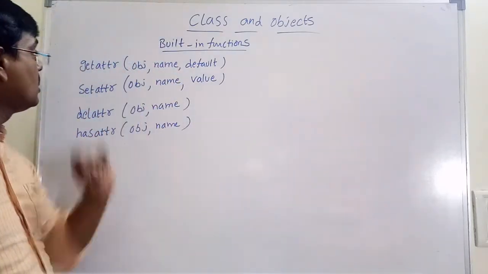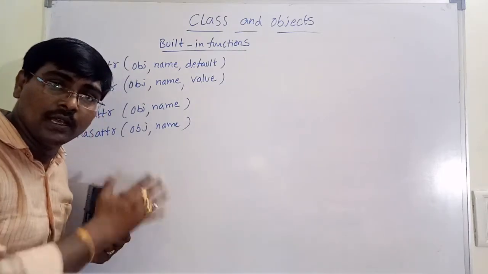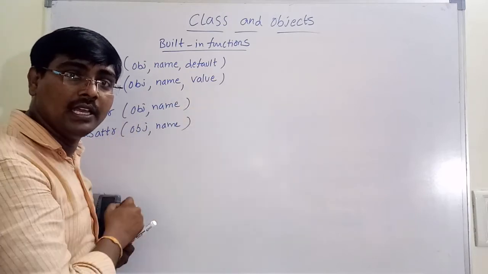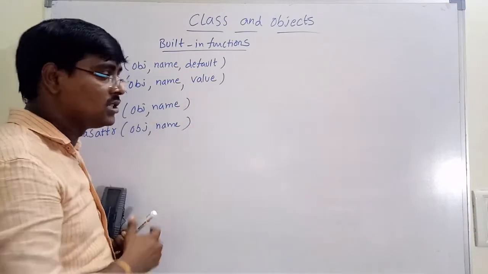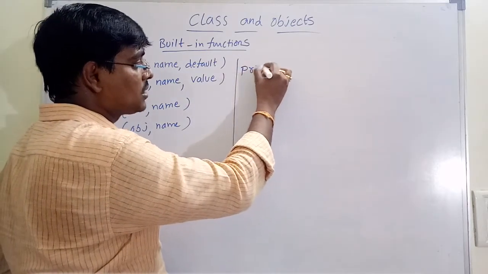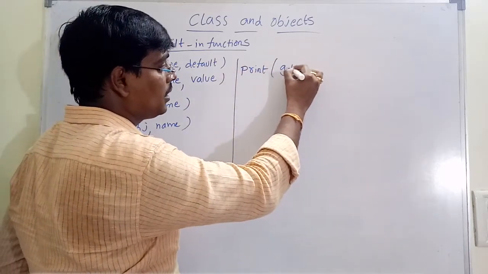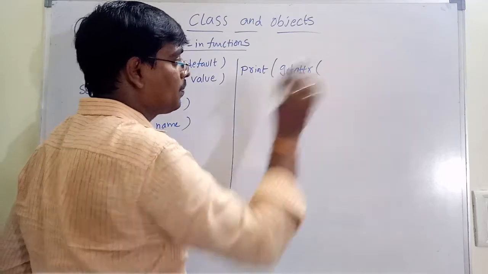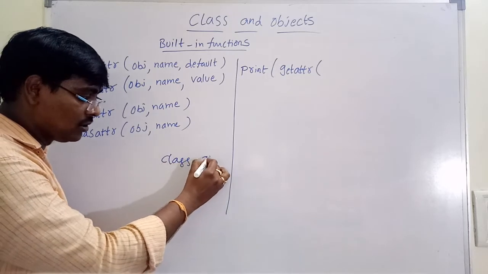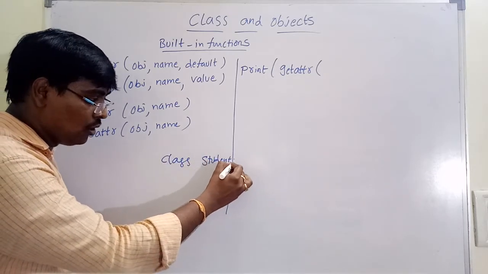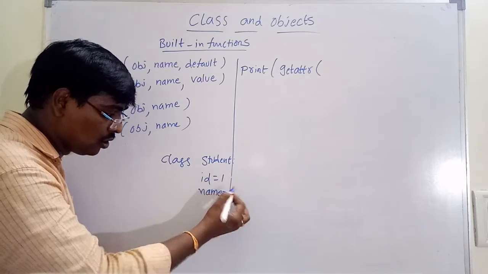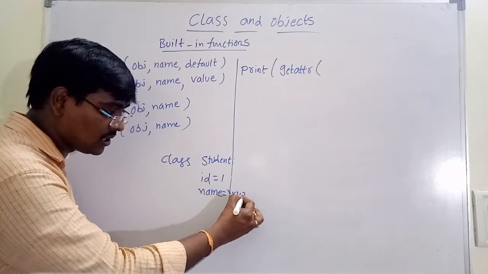Consider the previous example: in the class Student we have two attributes, id equal to 1 and name equal to xyz.